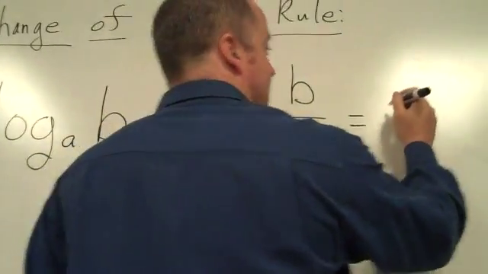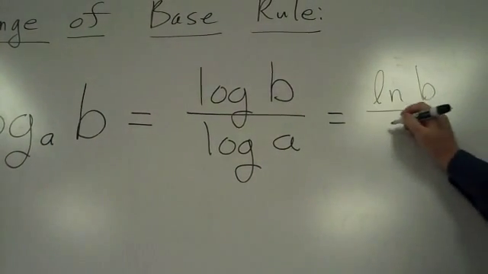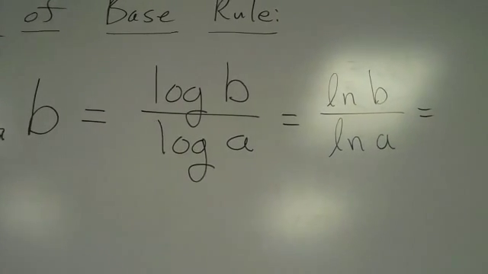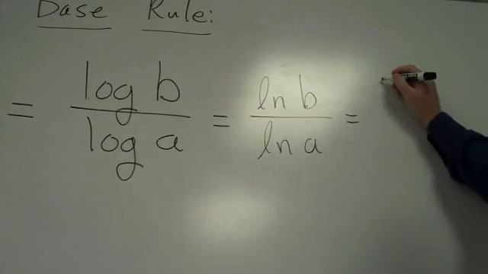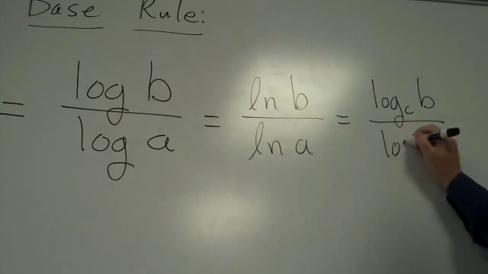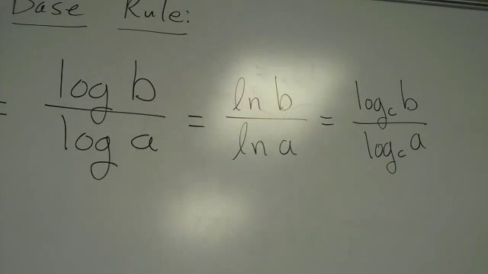Incidentally, it will also be equal to the natural log of b over the natural log of a, or for that matter, you can change it to any other base. Pick any number c and make that your base, and this change of base pattern will hold.